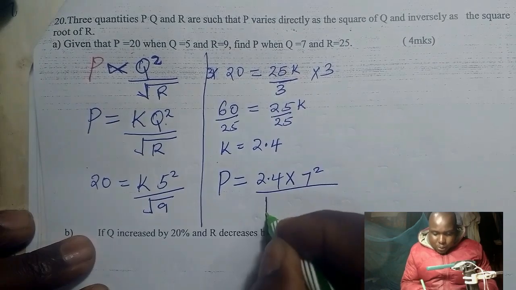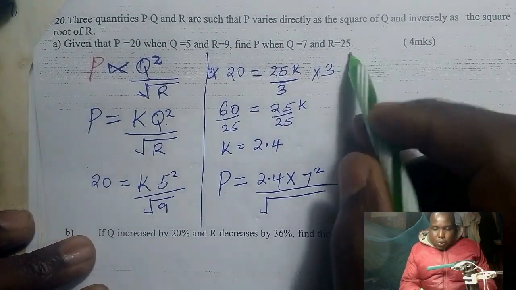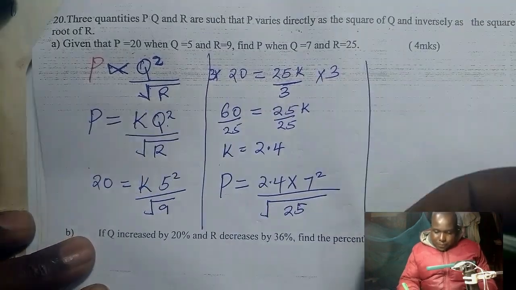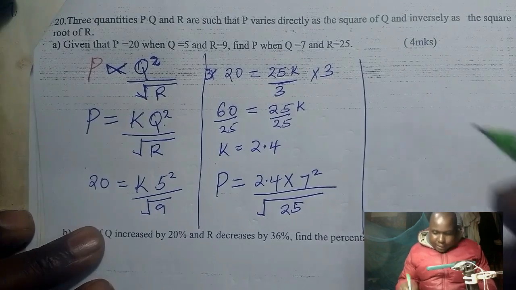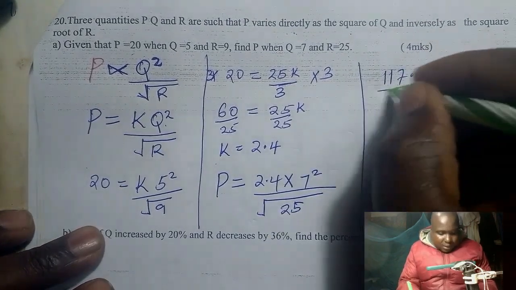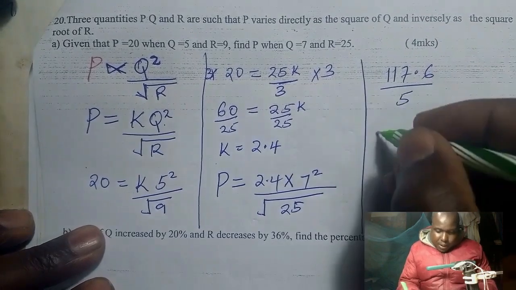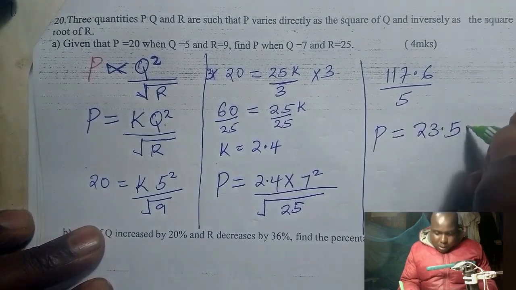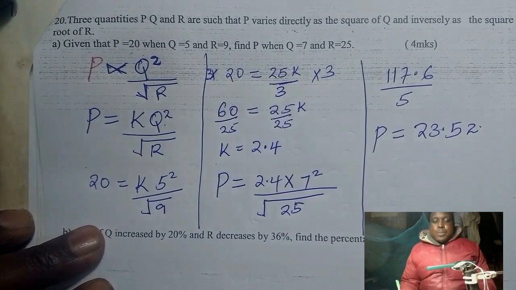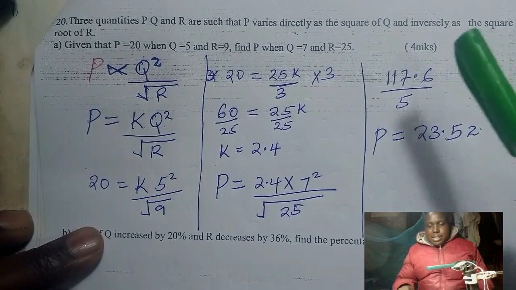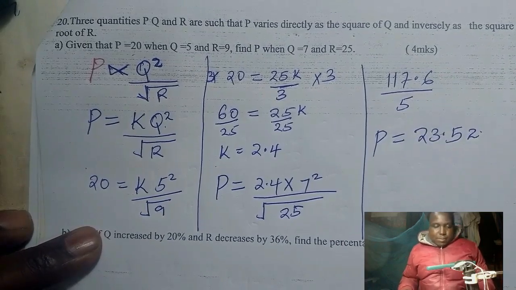We divide by the square root of 10. Now this one is 117.6, divided by 5, and P will be 23.52. As simple as that, you get your 4 marks.